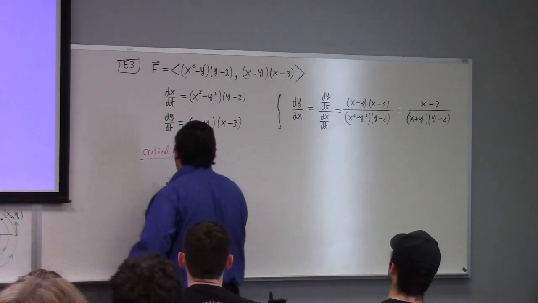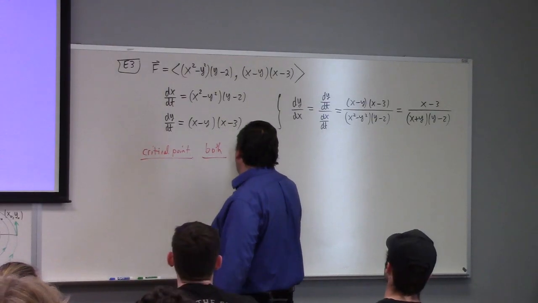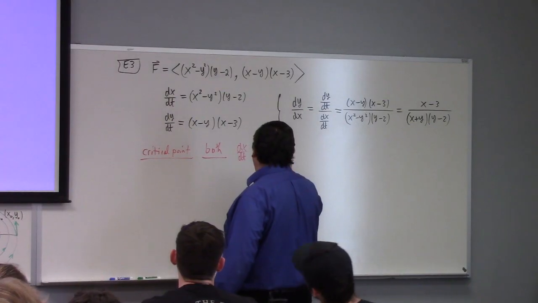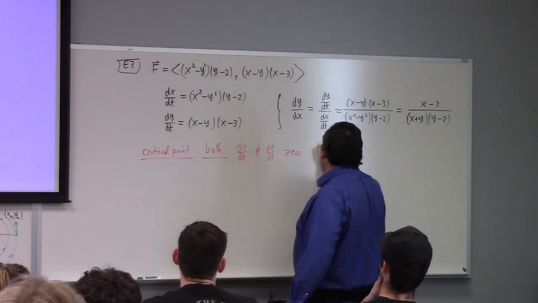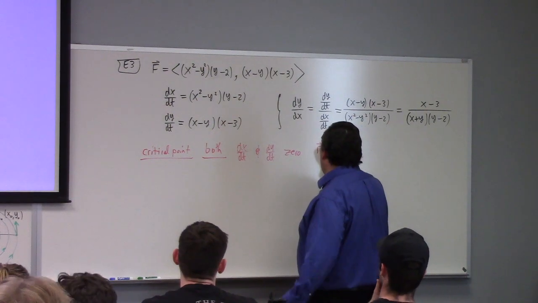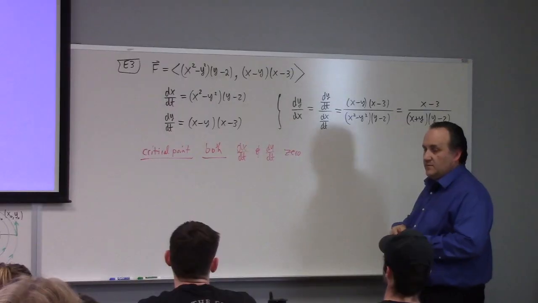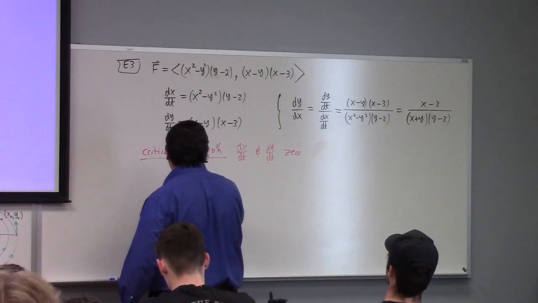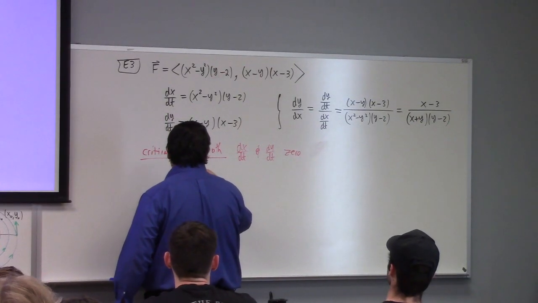A critical point has both. We need both dx dt and dy dt to be 0. So you say x equals 3 and y equals what? 2?